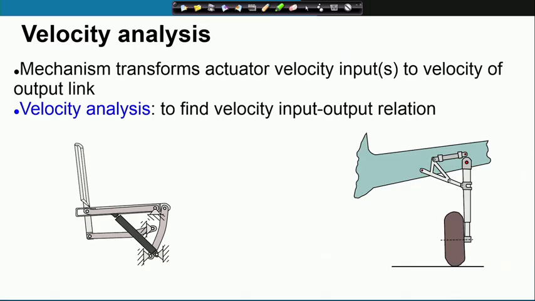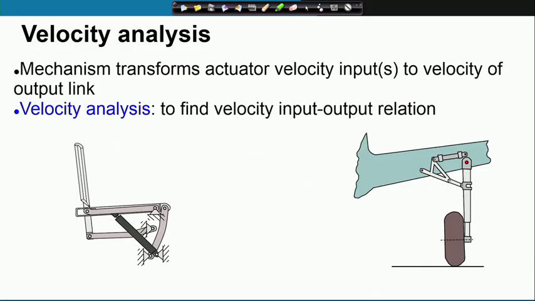So, we have already discussed, let me just review what we discussed about velocity analysis. Mechanisms transform the actuator inputs, there can be multiple actuator inputs, velocity inputs, to the velocity of the output link.